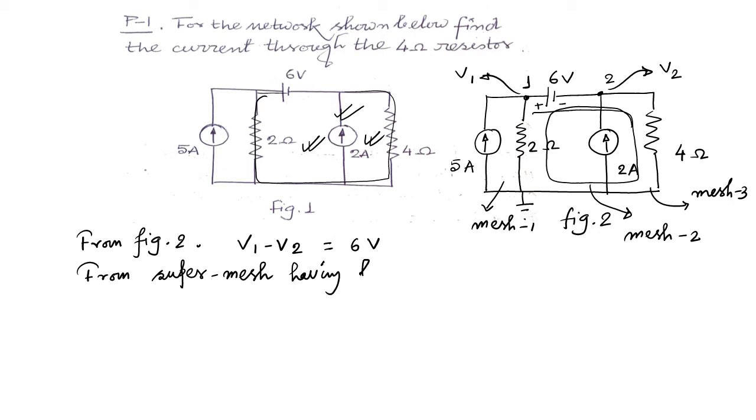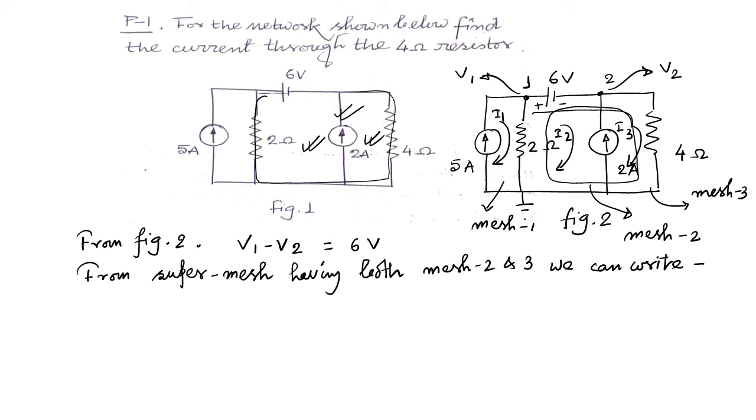Having both mesh 2 and 3, we can write the KVL equation for that super mesh. We definitely have to take one current here, another current here, and another current here. This is I1, this is I2, and this is I3. I1, I2, and I3 are the mesh currents respectively.